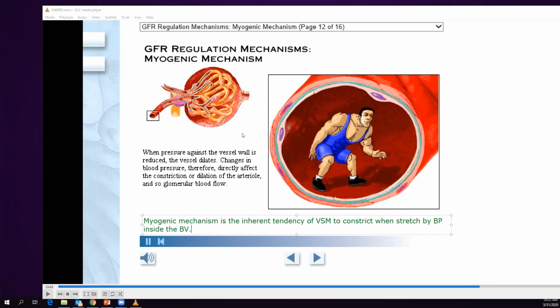Okay, so high BP causes vasoconstriction, while low BP causes vasodilation. Okay, all right, so are we good with that?